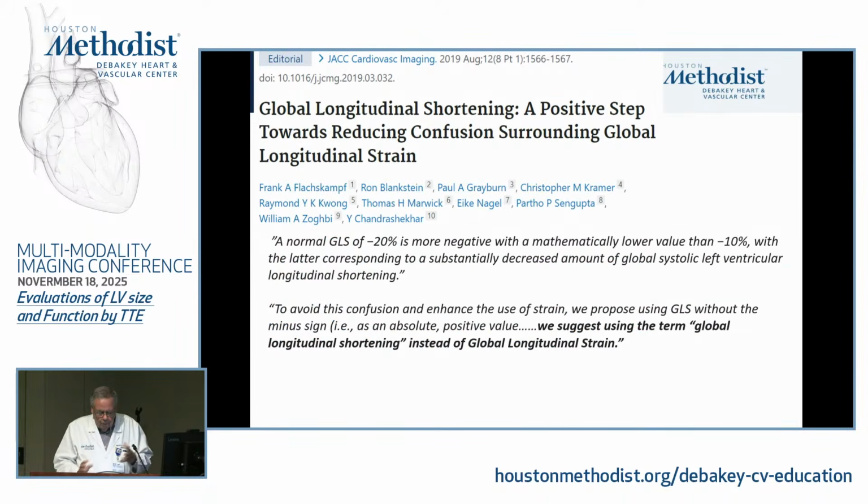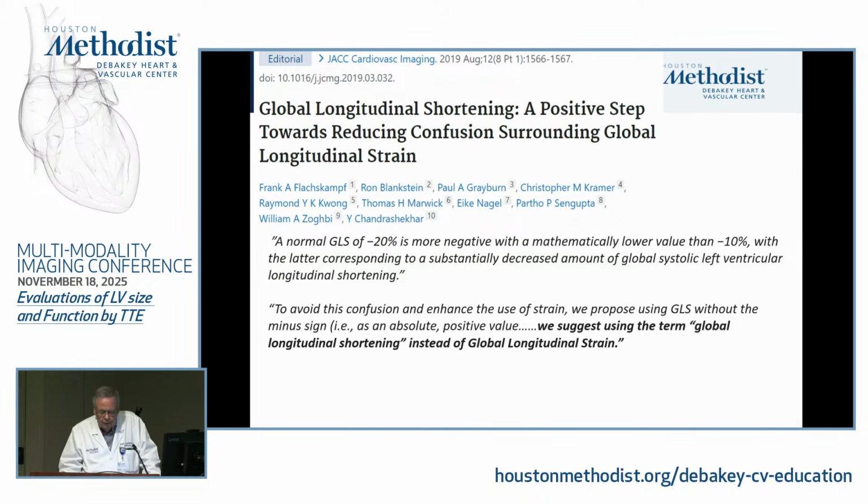So a group of experts, including our own Dr. Zogby, got together in a nice room smoking good cigars, and they felt that this was creating confusion, and they recommended to eliminate the negative sign, but to then change the term.